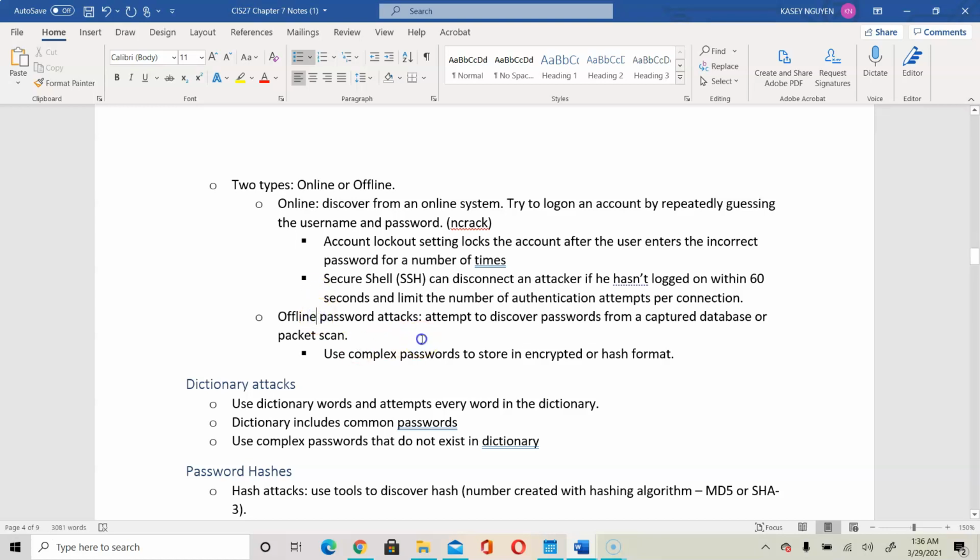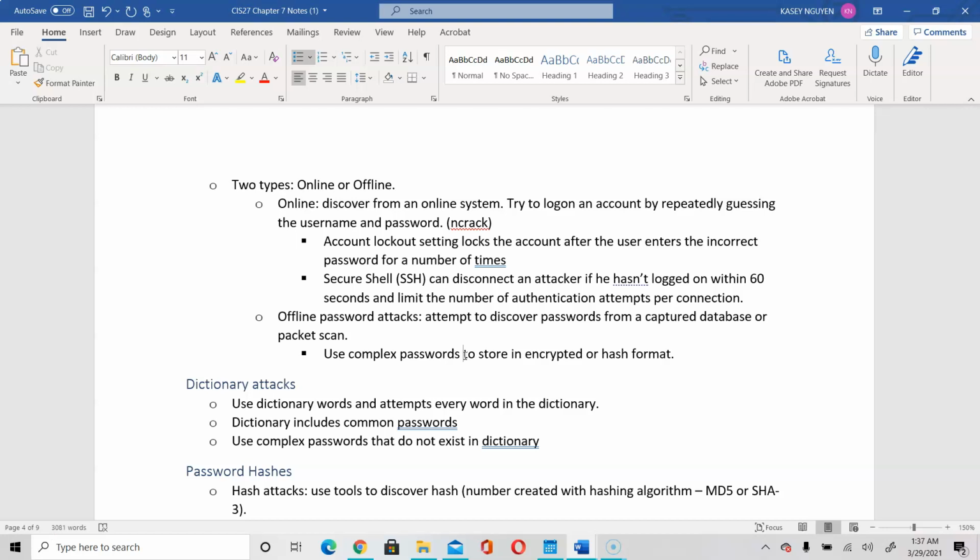Offline password attack is when the attacker attempts to discover the password from a captured database or packet scan. That would not be to a connected system. So in some cases, if we use encryption or hash format for our password storage, that would again protect our passwords but buy us some time.